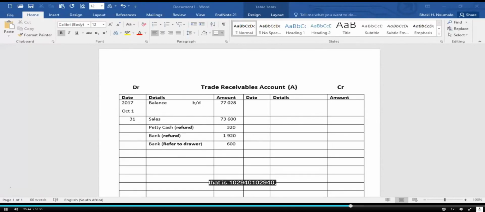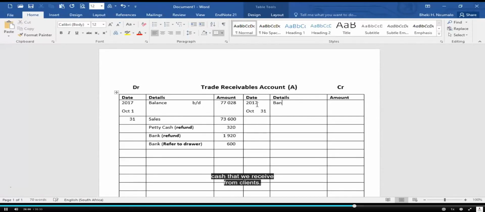On the credit side of your T account, the last day is the 31st. At least there is cash that we receive from clients. The total amount is 102,940.